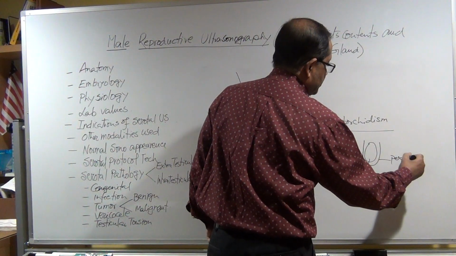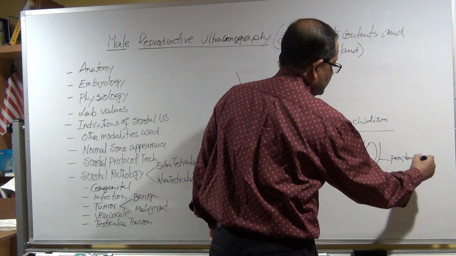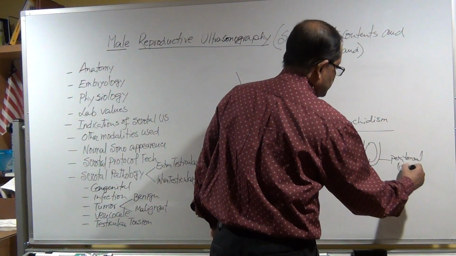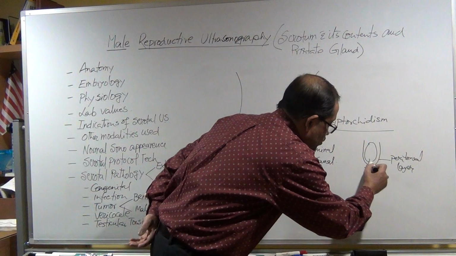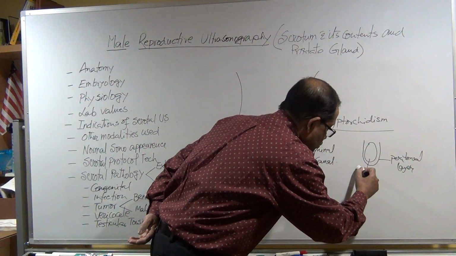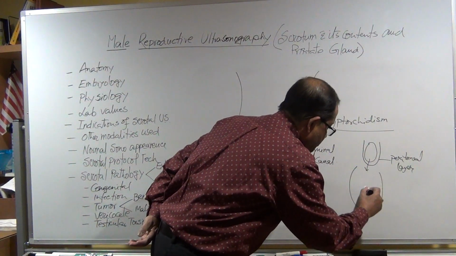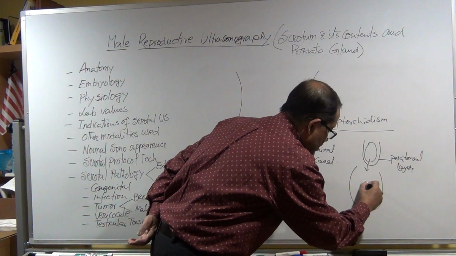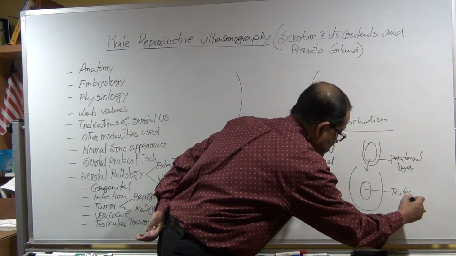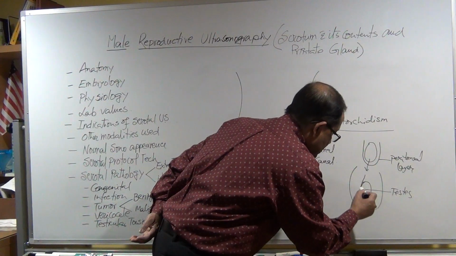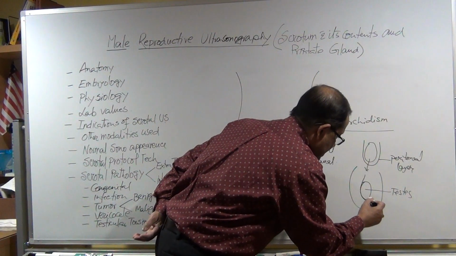Peritoneal layer. When the testicle comes into the scrotum, so this is testis, and it is covered by the peritoneum.